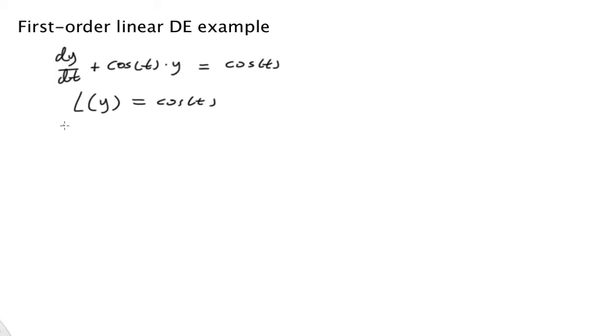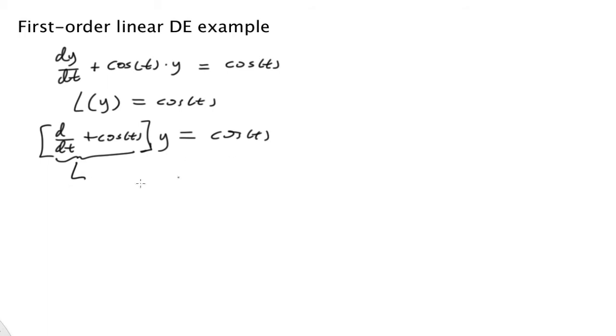And we can write this out a little bit differently, where that's the operator L of y, and that's of course equal to cosine of t.